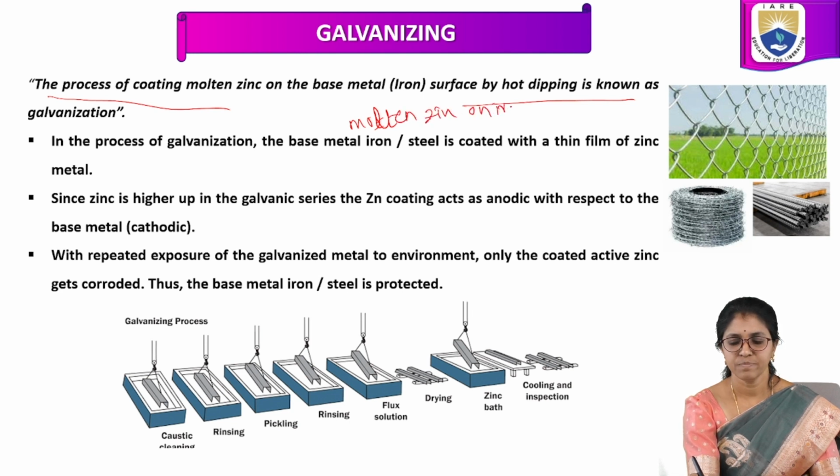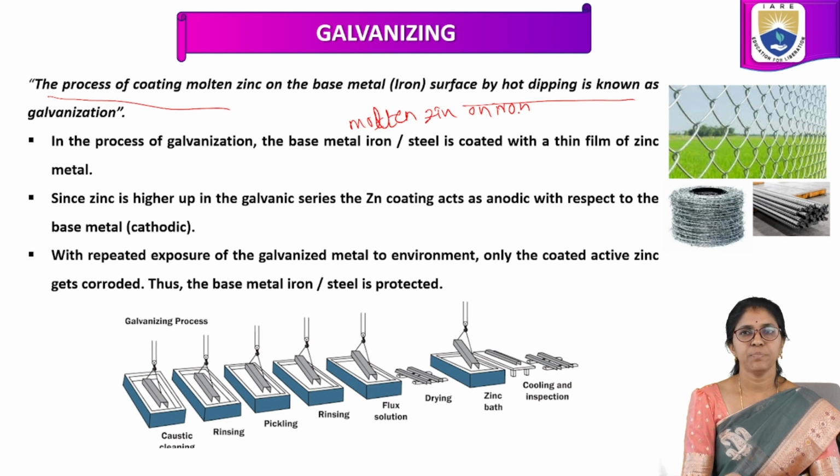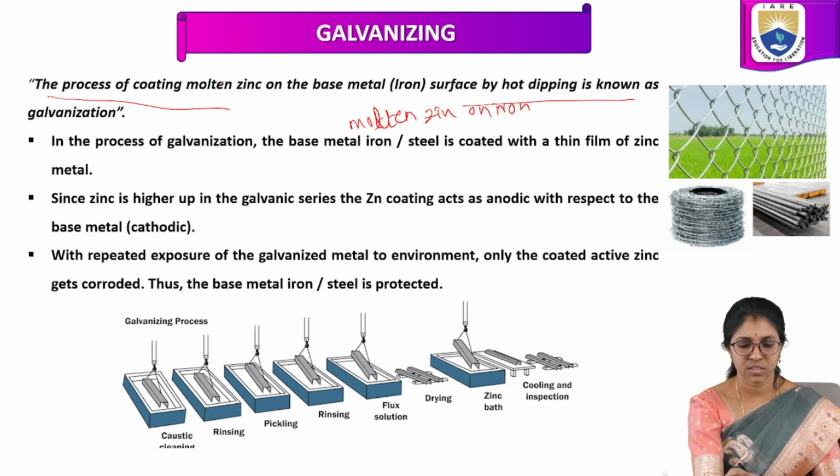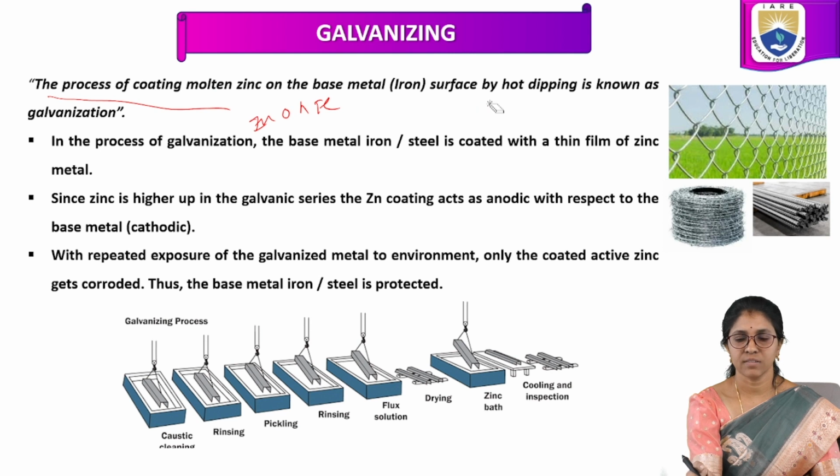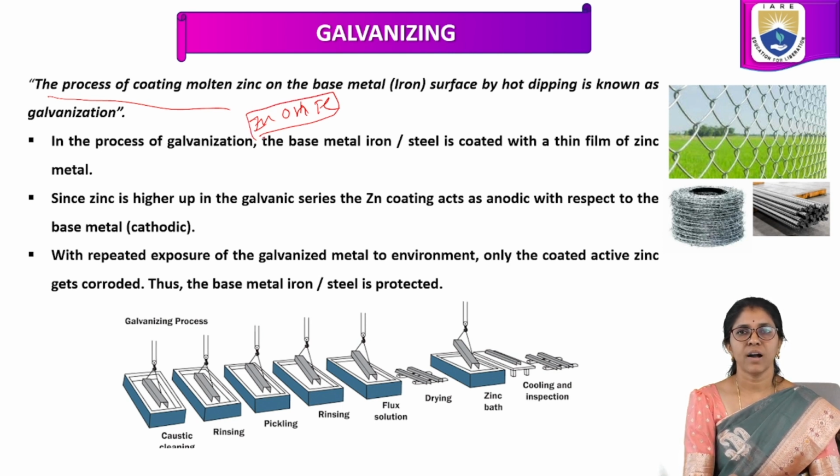The process of coating molten zinc on the base metal surface by hot dipping is known as galvanization. Here we are coating zinc on iron. So this hot dipping process is called galvanizing, galvanization of iron. We are coating zinc on the iron plate or iron sheet.